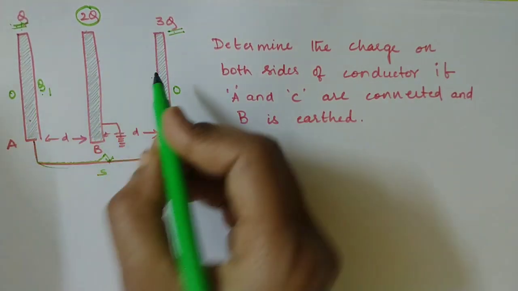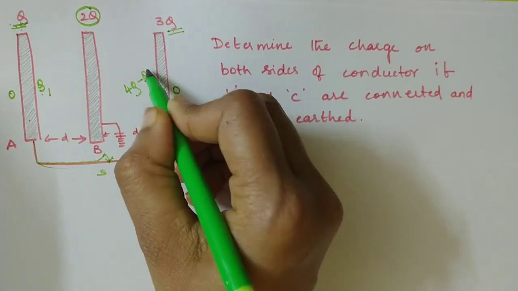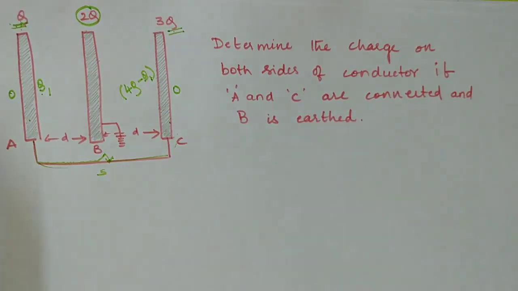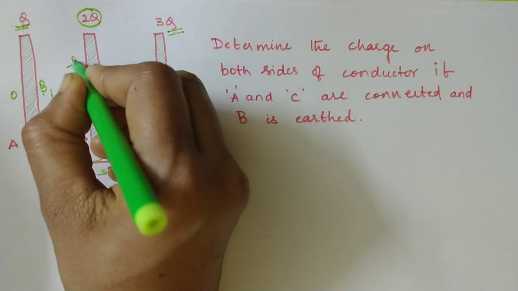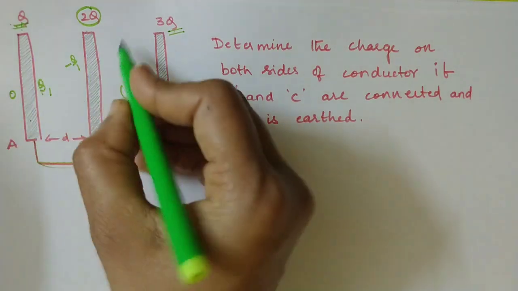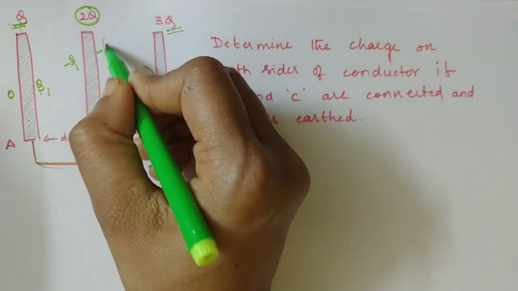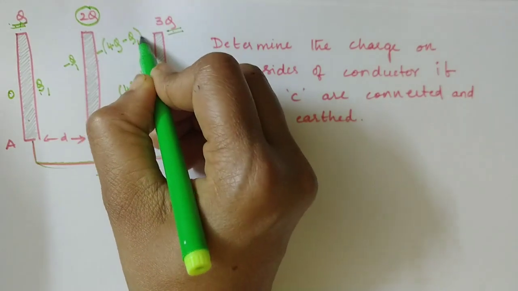If Q1 is here, we get 4Q minus Q1. Okay, if this is Q1, on this side we will have minus Q1. And if this is 4Q minus Q1, on the opposite side you will have minus of 4Q minus Q1.